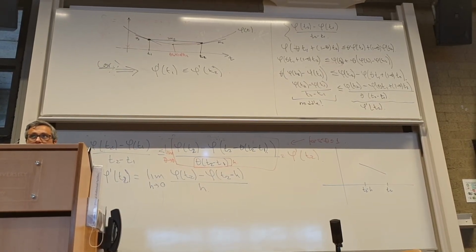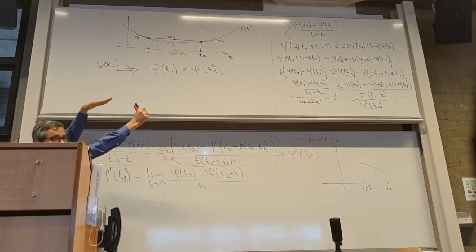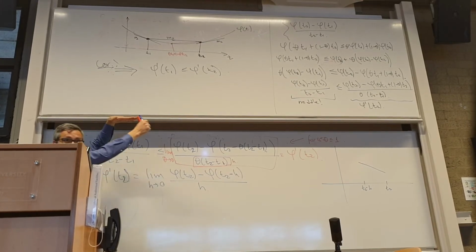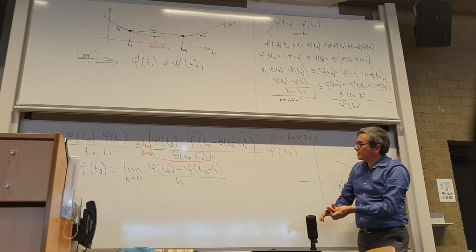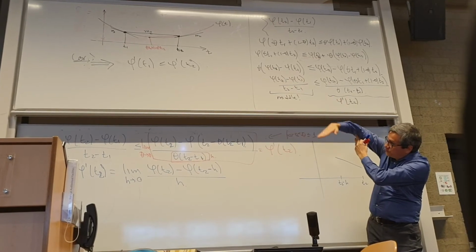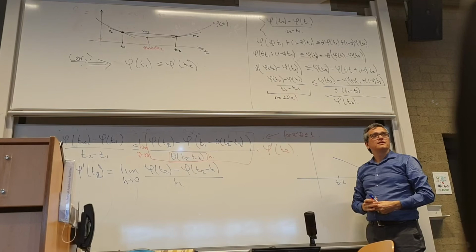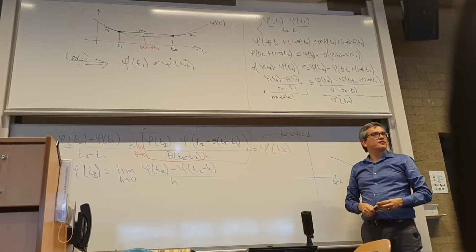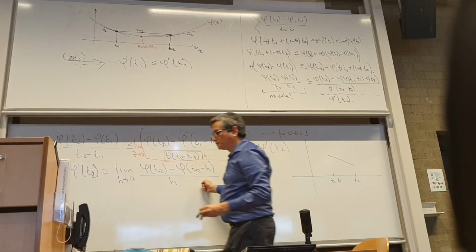And because the function is convex, that slope, when I fix T2, is increasing. Why? Because that's what we proved here. Just from convexity, it's equivalent to say, I fix T2 and let the first point move, and then my slope is increasing. That's convexity. And then in the limit, we get the derivative. Okay?